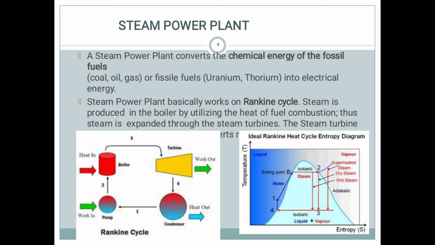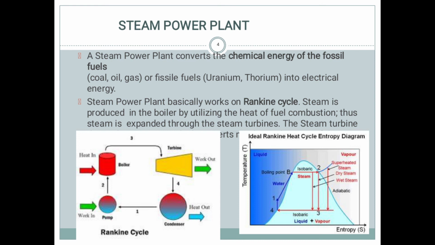In constant pressure, heat is removed by cooling water, and condensation occurs. After condensation, it converts the vapor into liquid. And the fourth process is the reversible adiabatic pumping process. In this process, the water is supplied to the boiler.